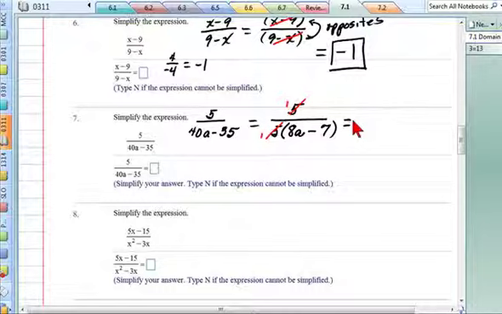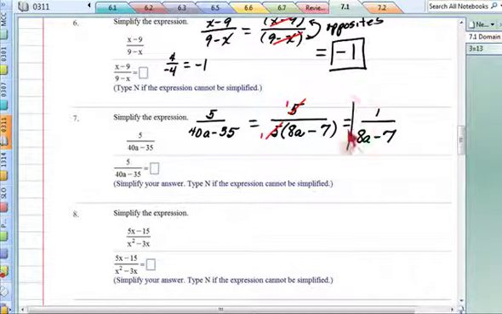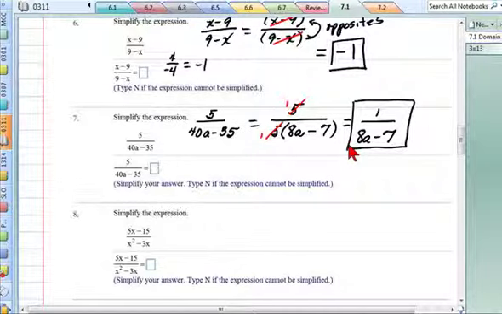What am I left with ultimately here? 1 over 8a minus 7. It is very important that that 1 be written as the numerator. You don't have to have parentheses. Now, on a paper pencil test, I would be fine if you left parentheses. I honestly don't know what MyMathLab's reaction to it would be. I'm afraid it might not like it. But then again, I'm not sure.